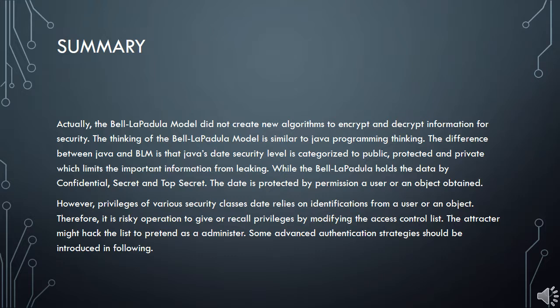The data is protected by the permissions a user and an object obtain. However, privileges of the various security classes of data rely on identification from a user or an object. Therefore, it is a risky operation to give record privileges by modifying the access control list.